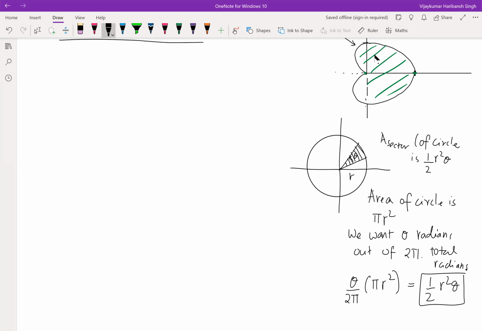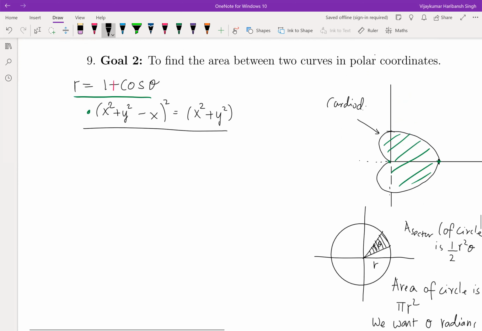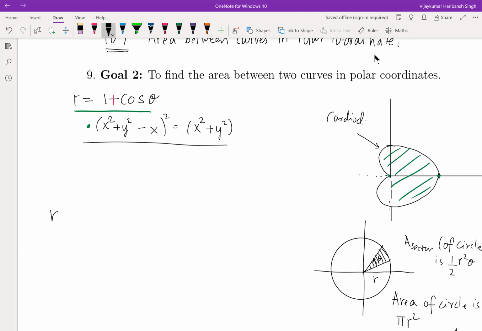Now suppose we have a function r = f(θ). This is how a polar curve is usually represented.